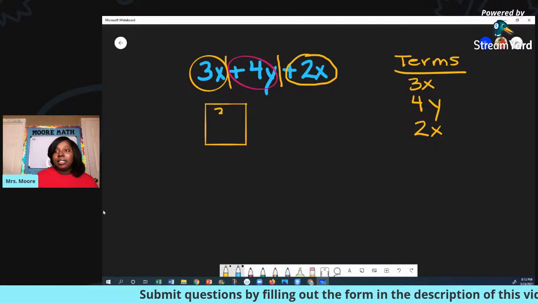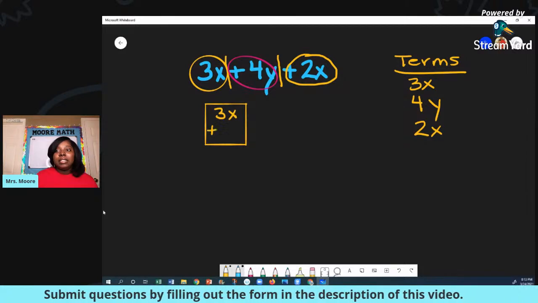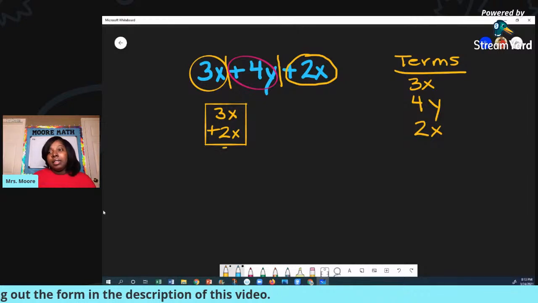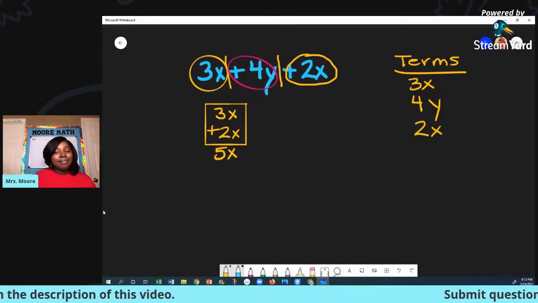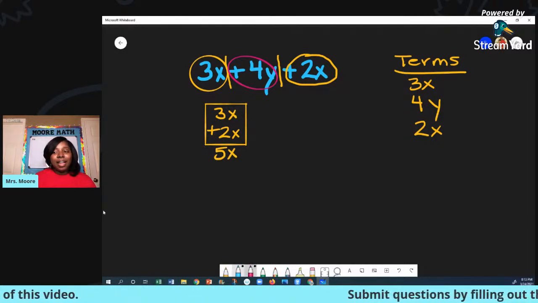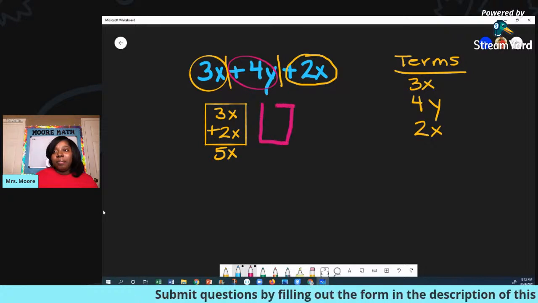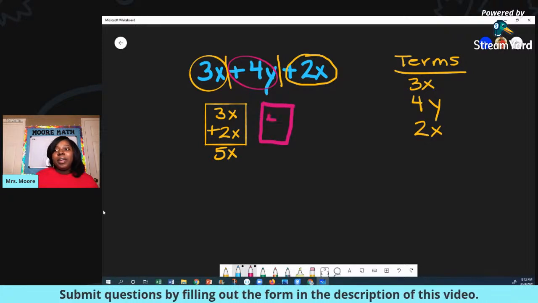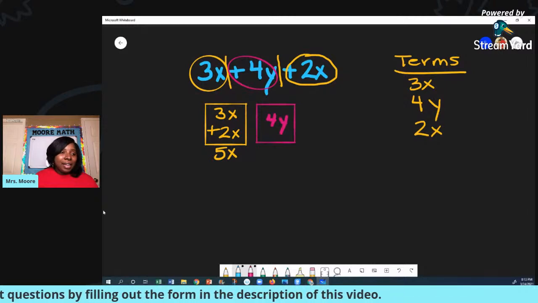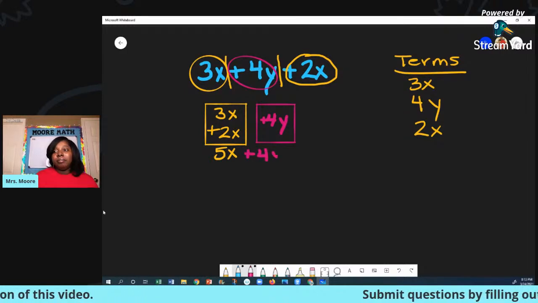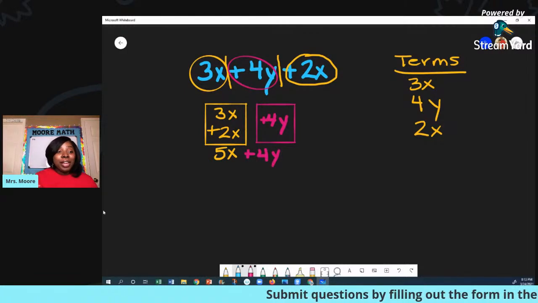I have 3x plus 2x. 3 plus 2 is 5. See how easy that is? And that y goes by itself. Okay, so here's the thing. Math is a language. Once you understand the language, it becomes a lot easier. And here is your answer, 5x plus 4y.